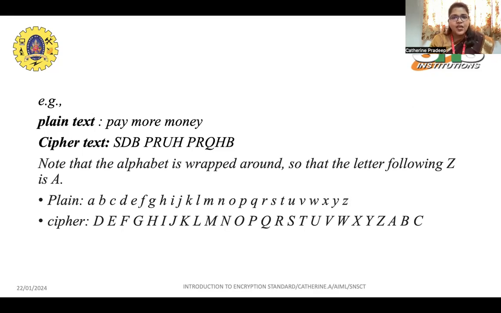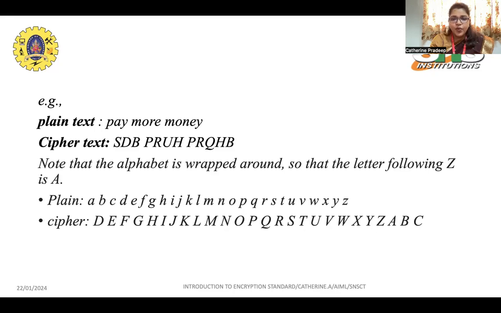So there are chances that attackers could discard it and go. This way you can protect or secure your message. This is one of the ways of providing confidentiality, because this message will not be readable by anybody who comes and reads it.